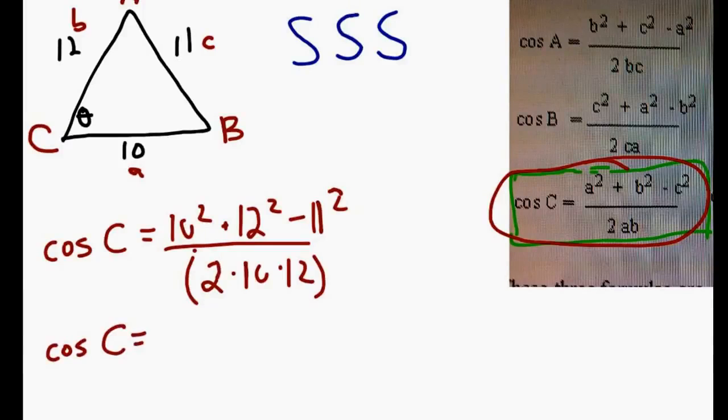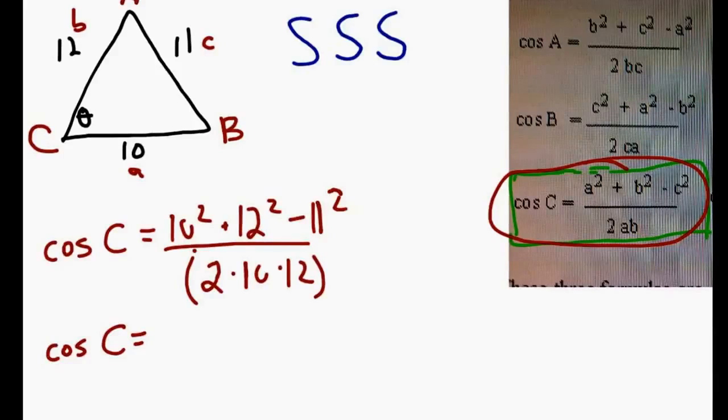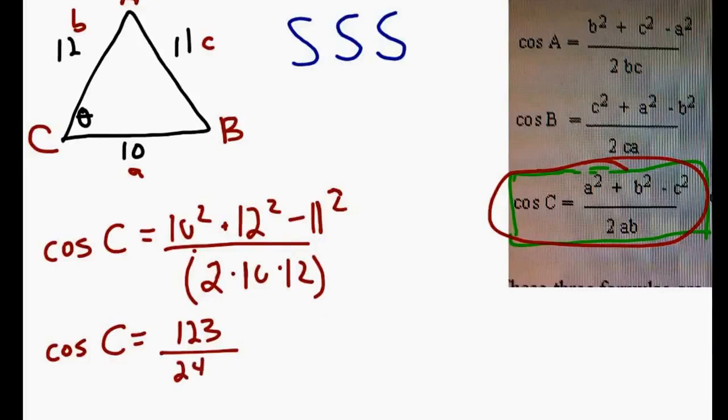Because we're dividing, you want to be a little bit careful in this case. So on your calculator, type in 10 squared plus 12 squared minus 11 squared. Hit equals. So that gives you 123. And then figure out the bottom. So 2 times 10 times 12. That equals 240.